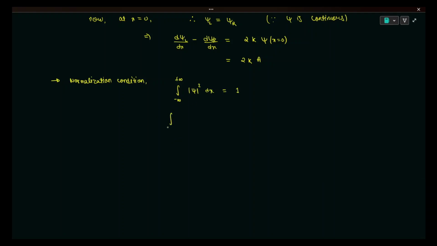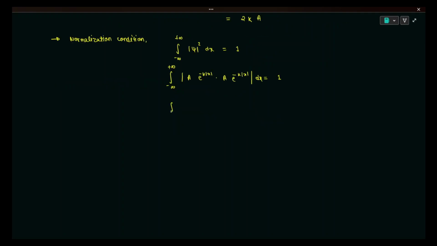So in my case, the integral from minus infinity to plus infinity of the mod of a e raised to power minus k mod of x, times its conjugate, should give me 1. So this integral becomes minus infinity to plus infinity of a square e raised to power minus 2k mod of x dx, and it should be equal to 1.